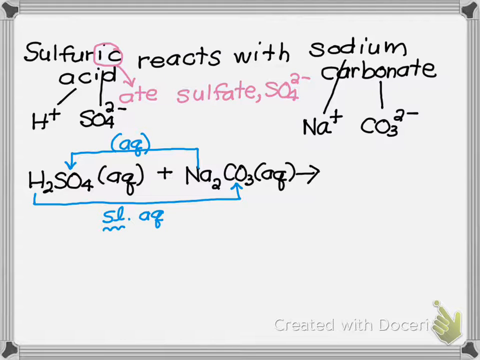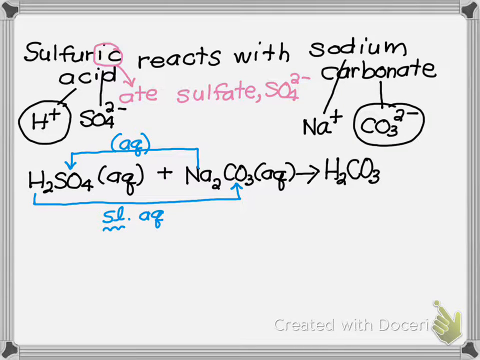So initially what I would predict this to form is hydrogen, H+, with carbonate, CO3 2-, would be H2CO3. Now remember, this is the one that I am looking out for because this is the one that indirectly forms a gas.